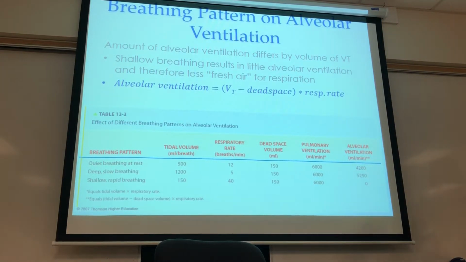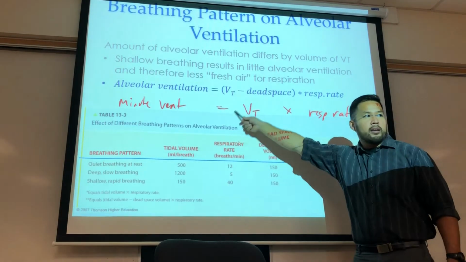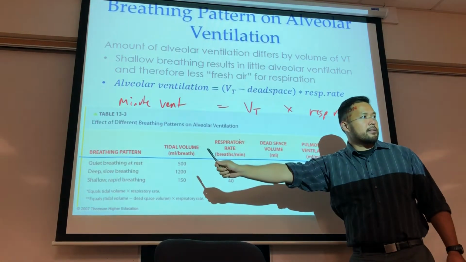The last equation, what was it for? That was minute ventilation. Minute ventilation is tidal volume times the respiratory rate. Now alveolar ventilation takes this component and accounts for the dead space.